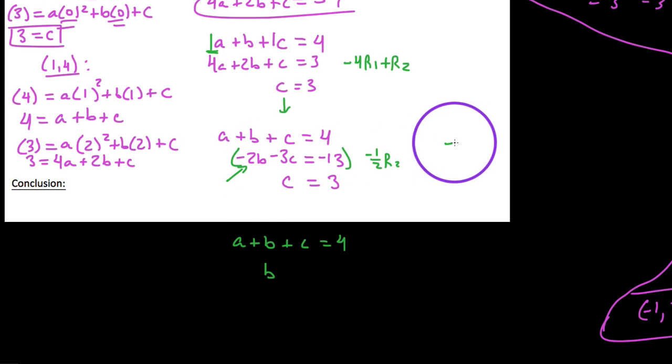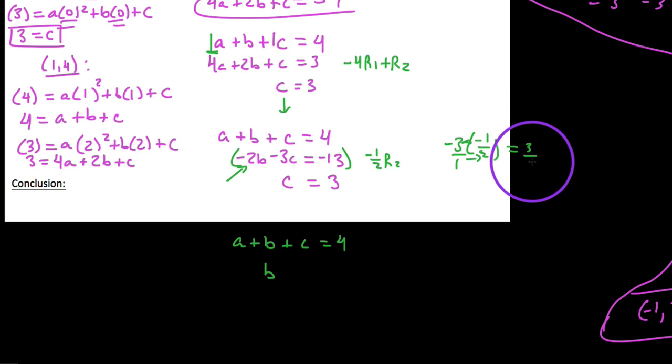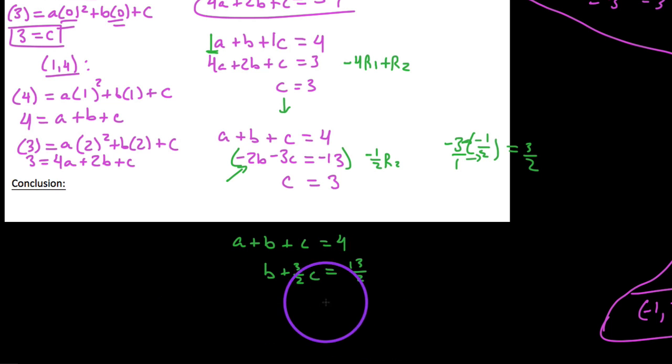Now, -3 times -1/2, keep in mind you multiply fractions straight across. So I get positive 3 over 2. So we would get 3/2 c. And over here I would get -13 times -1/2 would be a positive, and we're going to get 13 over 2. So now with our last equation being c = 3, we would now be in row echelon form.